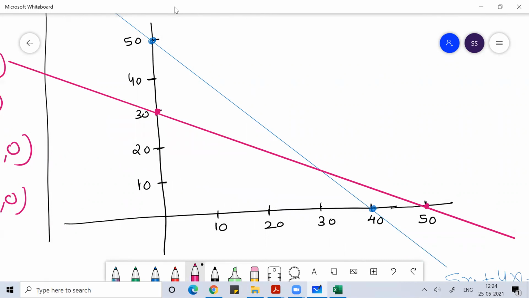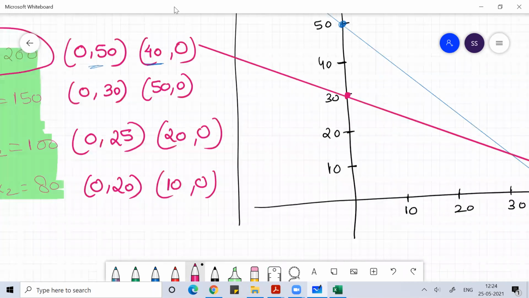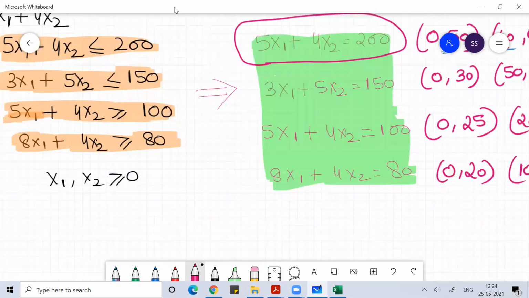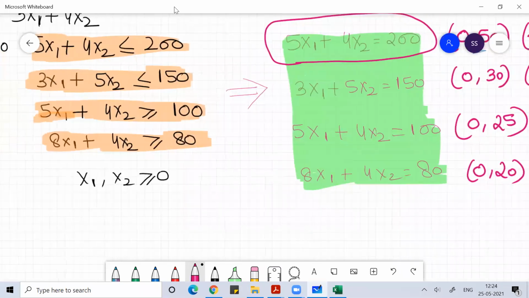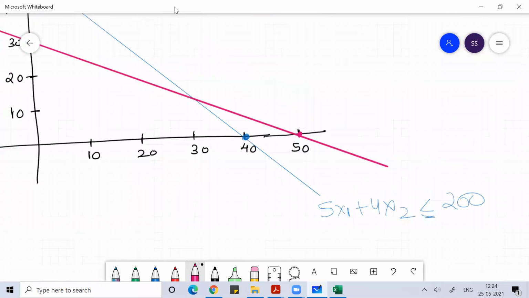Then this second line of equation was 3x1 plus 5x2 less than or equal to 150.